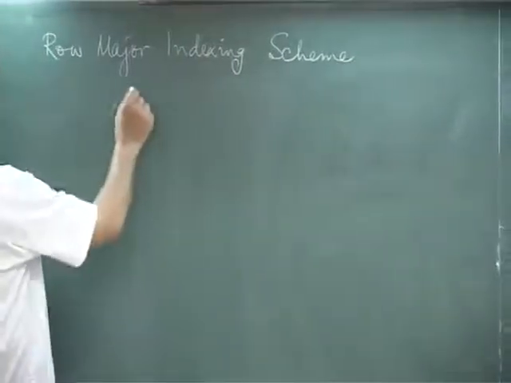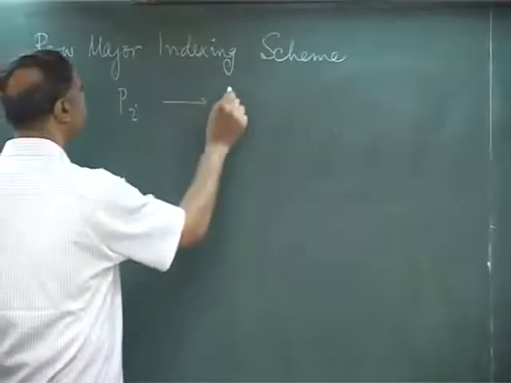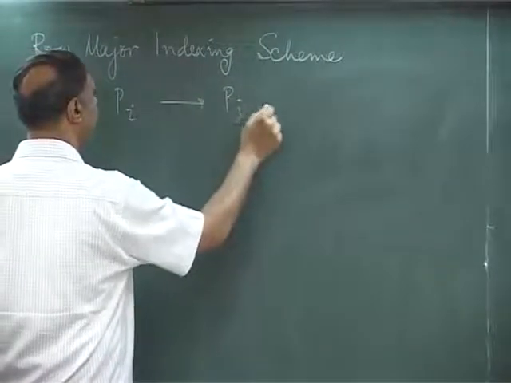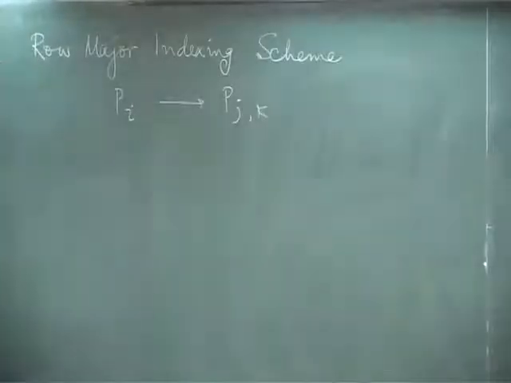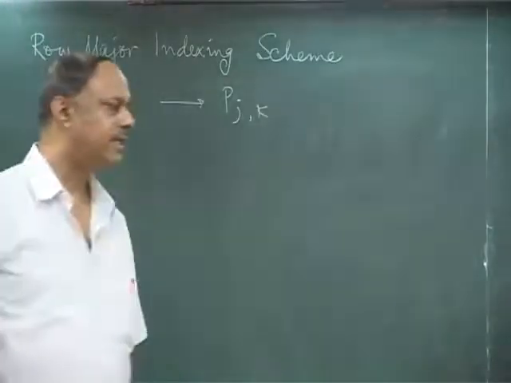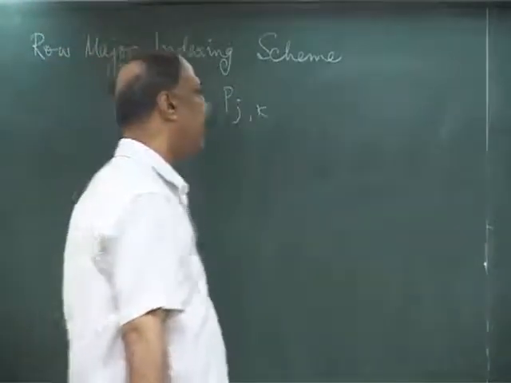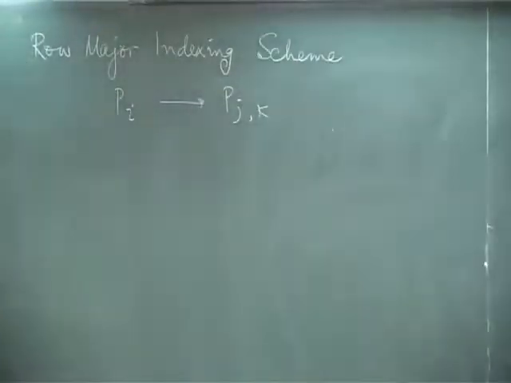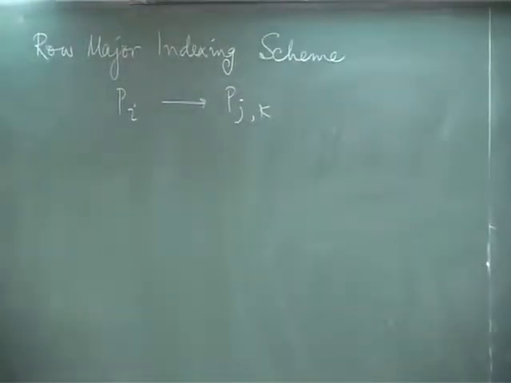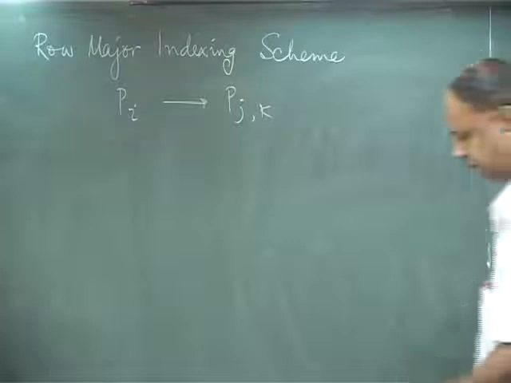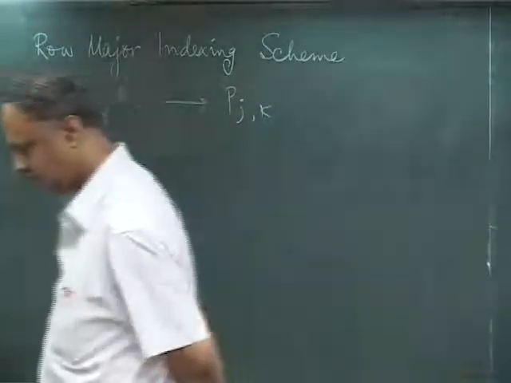Say Pi is connected to Pjk. Pi is the processor with index i, and Pjk is the processor in the jth row and kth column.